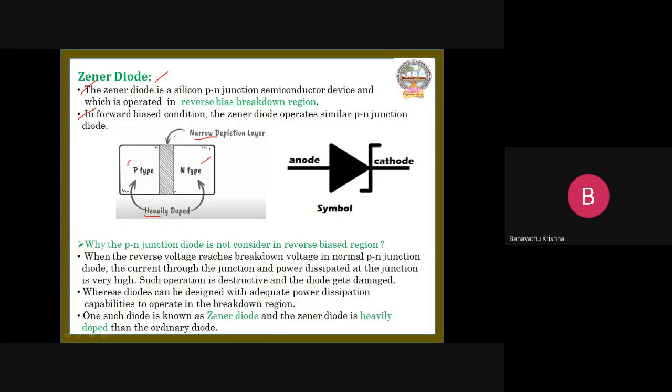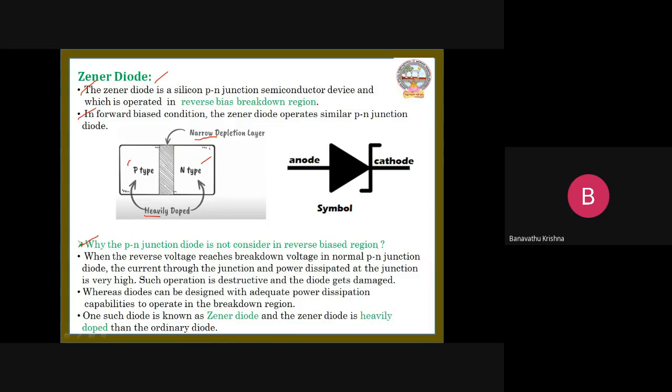Okay, why? Before going to this, there is one point that arises here: why is the PN junction diode not considered in reverse bias condition? Because when reverse bias is applied to the particular PN junction diode, the minority charge carriers increase due to increasing the reverse bias voltage.